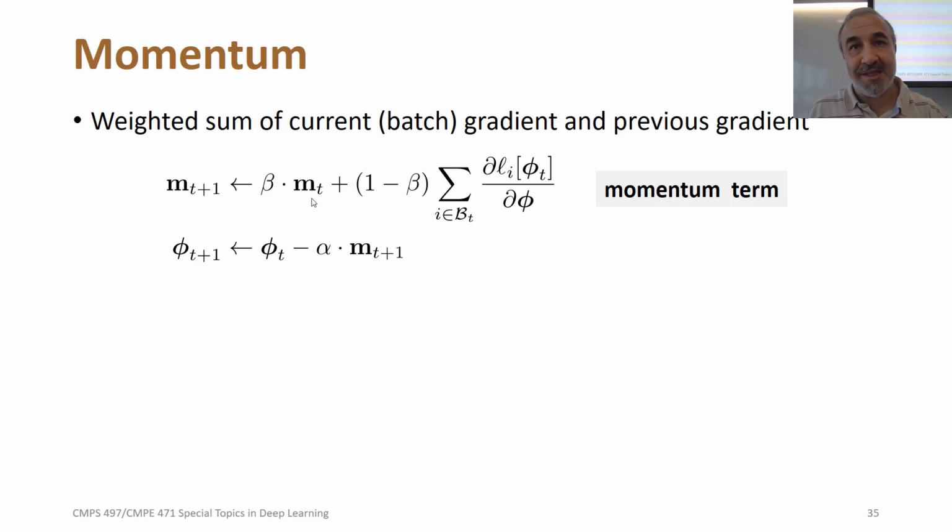So if we expand it, you will see what I'm saying here. Let's try to expand it. Let's say that we start from the first step. Before we do the first iteration, we have m0, and m0 is 0. That's the beginning, right? We don't have any gradients. Then let's compute m1.